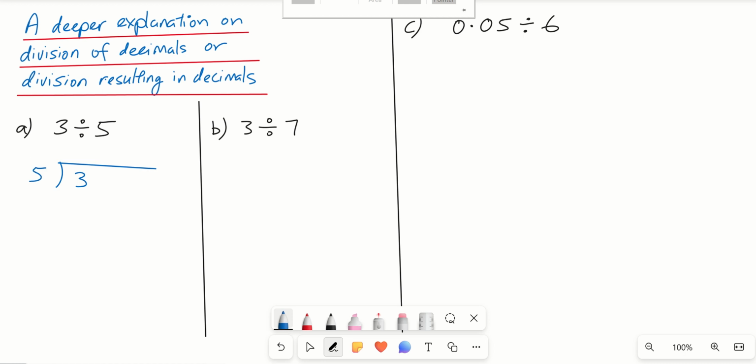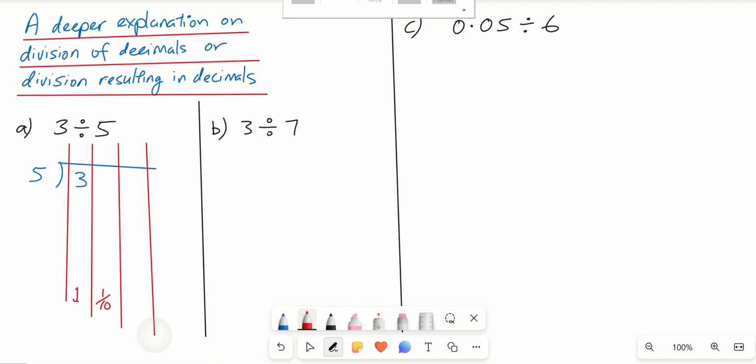Now, I am going to put in the place values, right? So I'm going to create columns for place values. So we have 3 in the ones place value, and right after the ones place value, we have the 1/10 place value, and then right after that, we have the 1/100th place value.